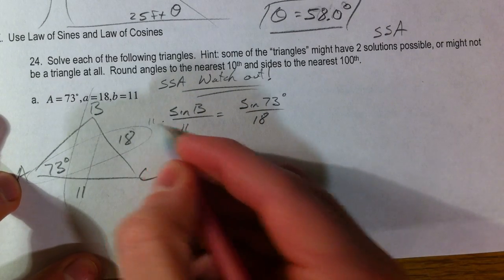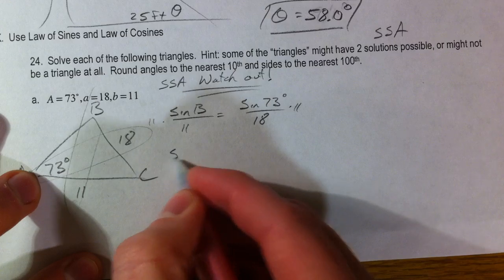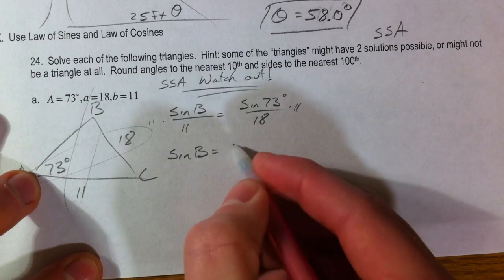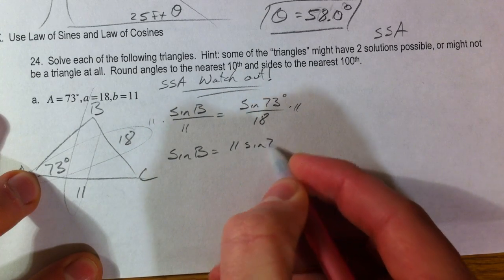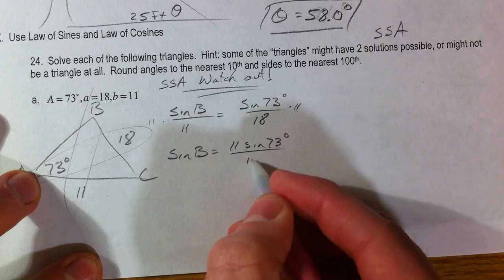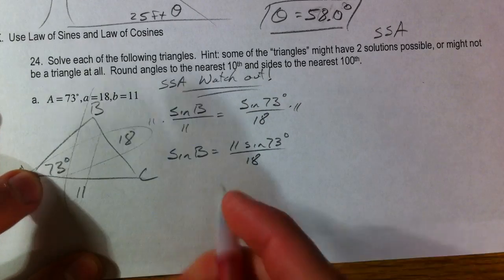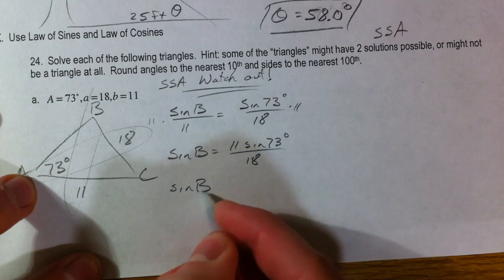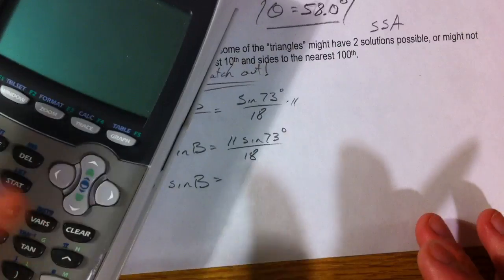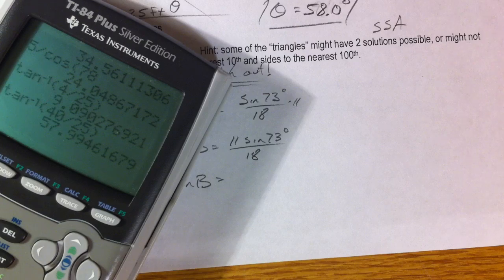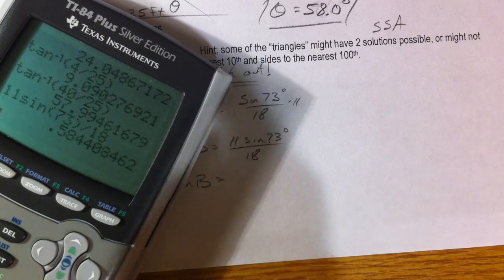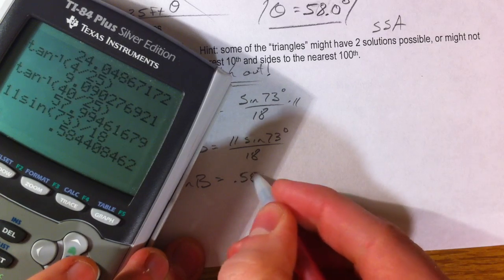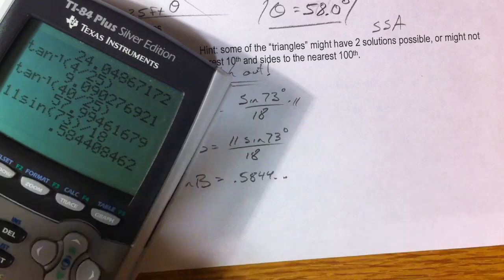So I'm going to multiply this by 11, multiply this by 11, and you get sine of B is 11 times the sine of 73 degrees over 18. The sine of B equals 0.5844, and again keep the decimals in there.